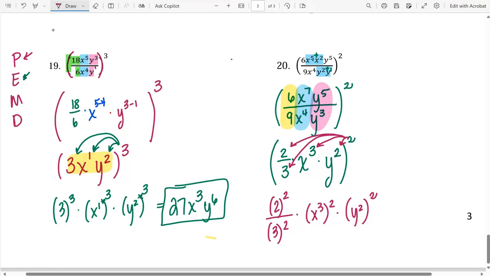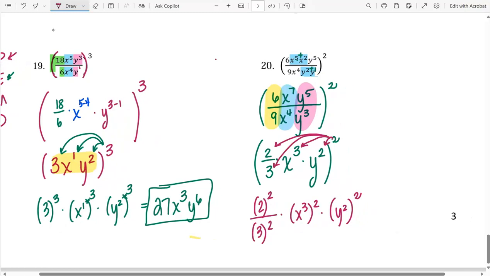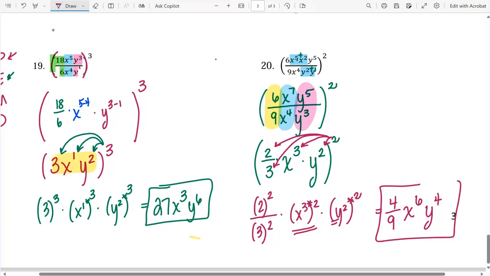Each of the individual bases. 2 squared is 4 over 3 squared is 9. This has a shared base with that double exponent, so I'm going to multiply, giving me x to the 6th. And last but not least, a shared base. I write it one time and multiply. 2 times 2 is 4.